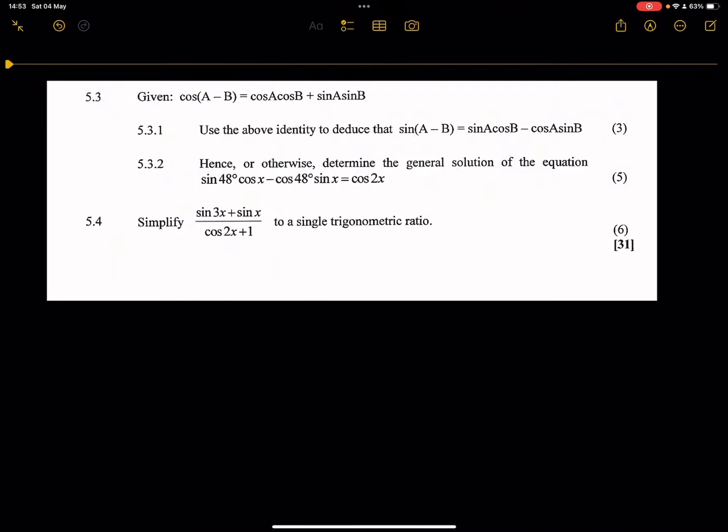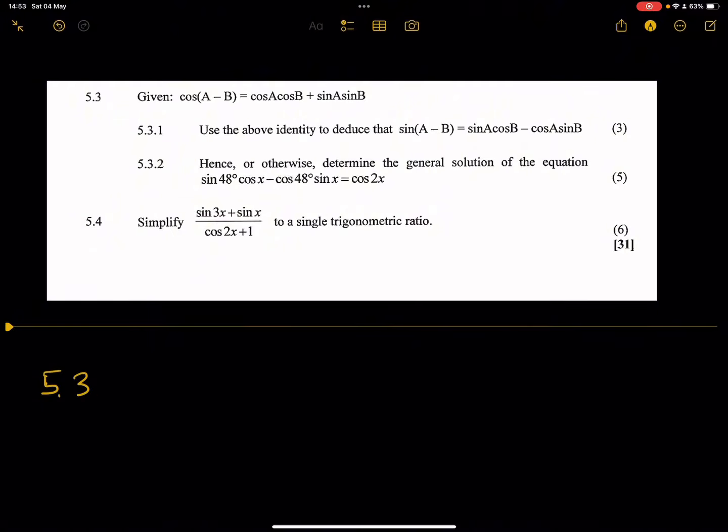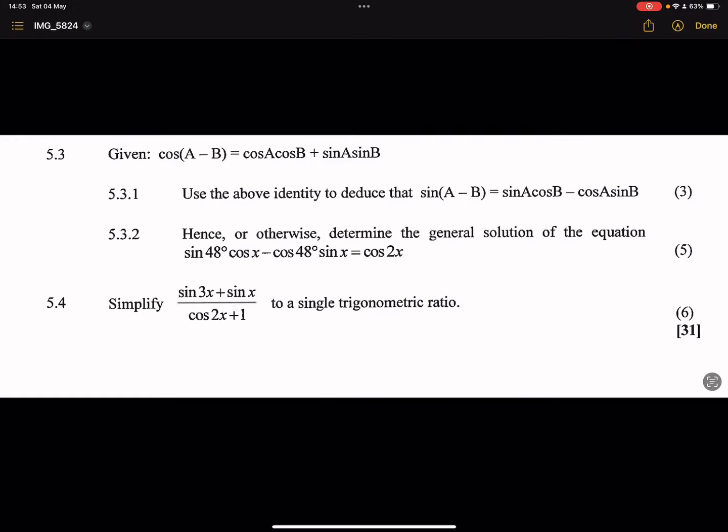Now, ladies and gents, what I need to do in this question is that I need to write that sine of a plus b to look like what I already have there. I need to write it as cos of something minus something else. Why?